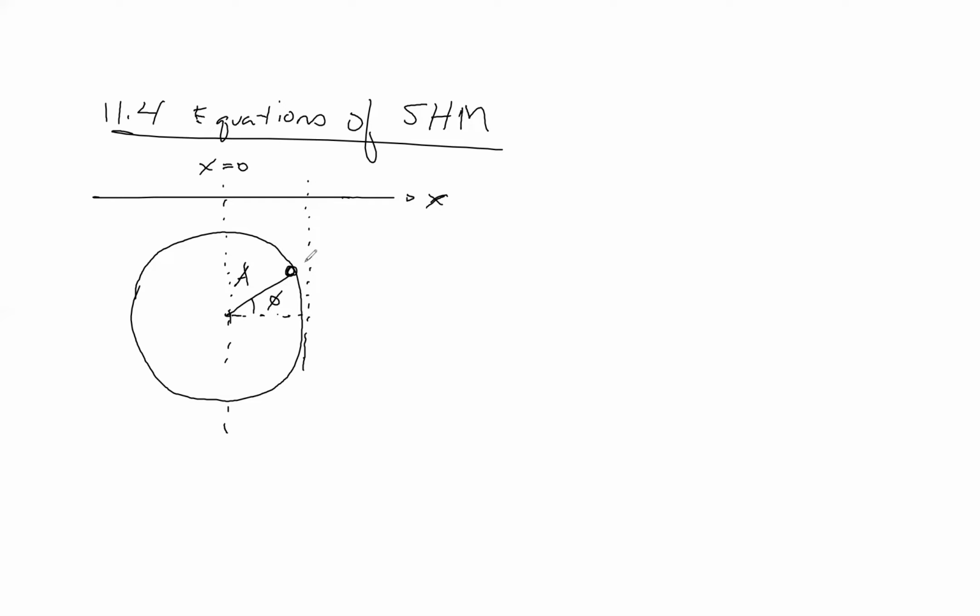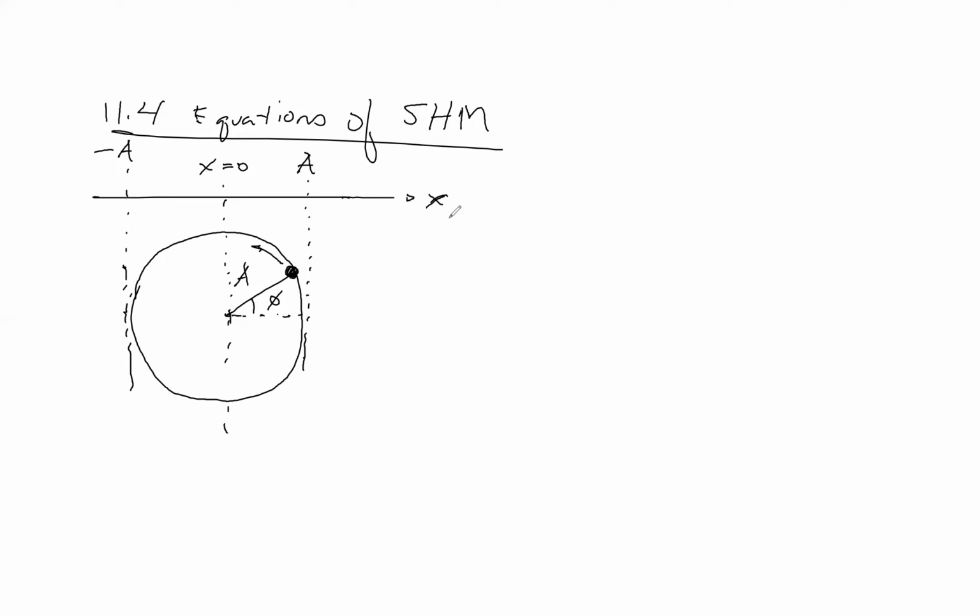So as the turntable turns and this thing moves in this direction, the maximum displacement that it will have will be the radius of that turntable in the x direction. And the minimum displacement it has, or the farthest left it'll get on the x-axis, is minus A. So you have this particle right here on the edge of a turntable just going round and round and round.